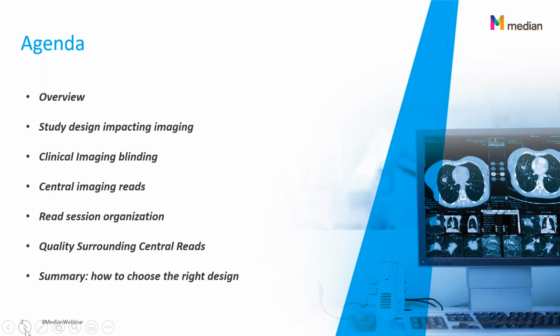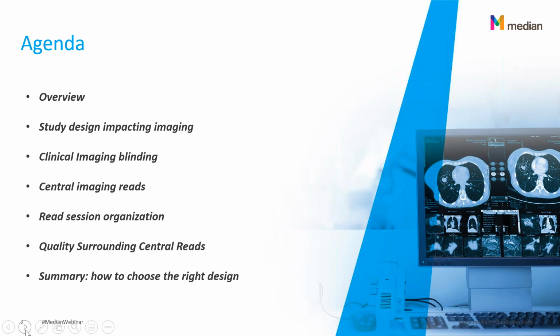I will provide you with the agenda topics that will be discussed today. We will provide an overview of the study design and how its factors can impact imaging. We will discuss the clinical imaging blinding, as well as the importance of it, and the strict adherence to it that is performed in the central review process.